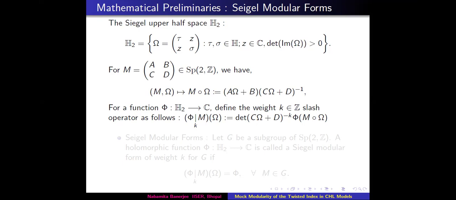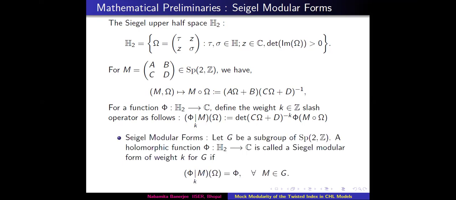Okay, so what the operator is doing is, when omega is transformed via M, then the function is changing like that. Okay? And I hope you have understood that we will call the function a Siegel modular form if it remains invariant under this transformation. And that's what it is.